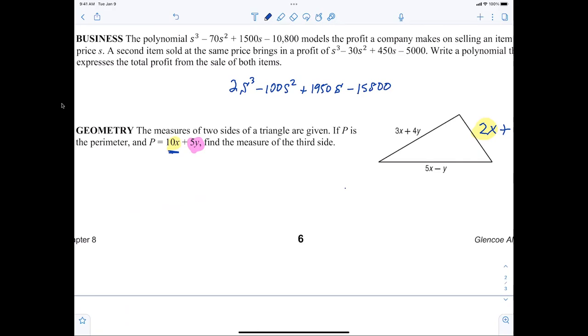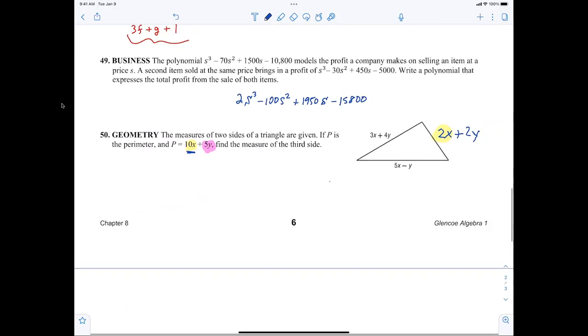What, Oliver? So we're just combining the terms? That's what we did. Added the profit. Is that 105 or 100S? Or is that 1,500? Look at the problem, Oliver. I'm confused. 30S squared and 70S squared.